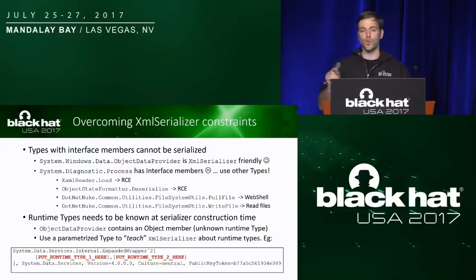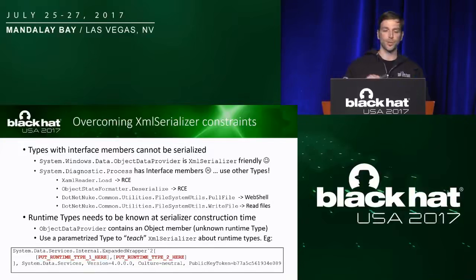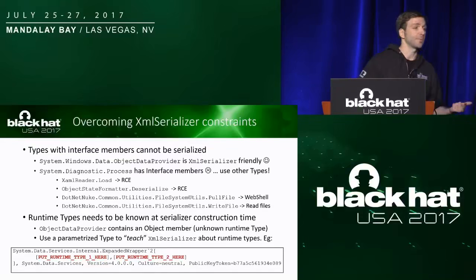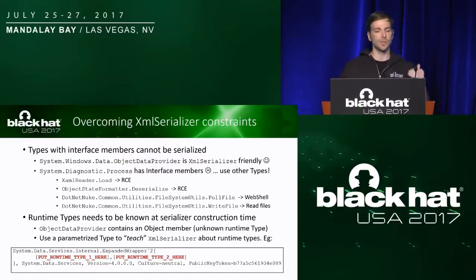However, if we want to invoke Process.Start, then we get our first problem because Process contains interface members. XmlSerializer is very limited, as I said. It cannot serialize types with interface members or types with System.Type properties, for example, and has many other limitations. So we couldn't use Process.Start as the final gadget.